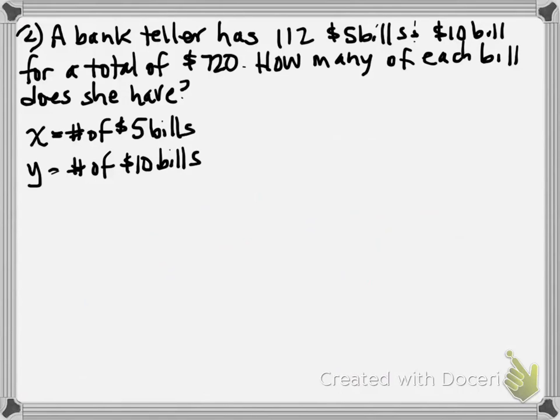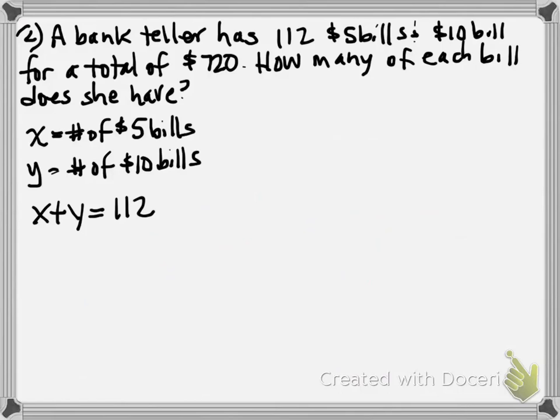So how would I write an equation that describes how many $5 and $10 bills there are in this particular situation? Michael. x plus y equals 112. The number of $5 bills plus the number of $10 bills is 112 bills. Okay, so x plus y equals 112.